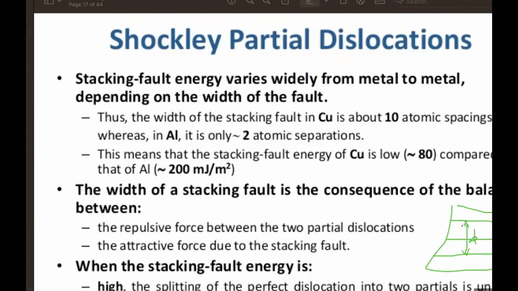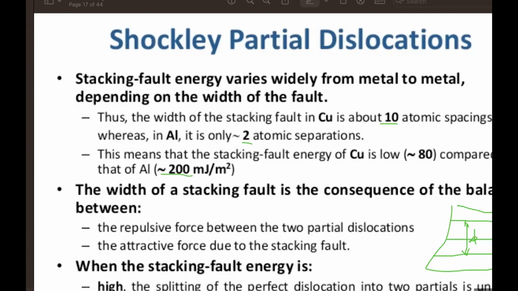The width of the stacking fault in copper is about 10 atomic spacings. In aluminum, it's only 2 atomic separations. The copper value is very low because d is very high. And in aluminum, the stacking fault energy is around 200.